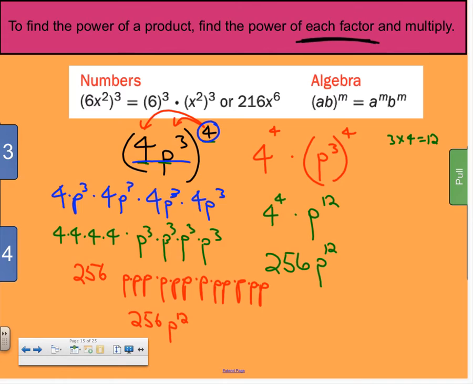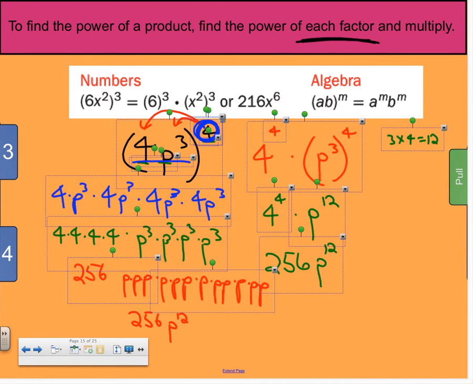So we could do all of those steps every single time, which is fine, and for some people it's good to do that. Or you can remember that the exponent of 4 needs to be applied to every single factor in the parentheses. Let's try one more example.